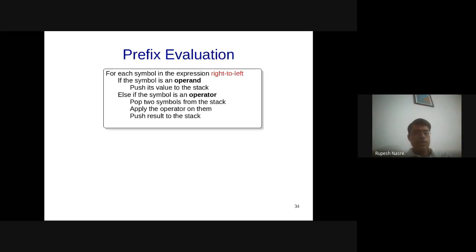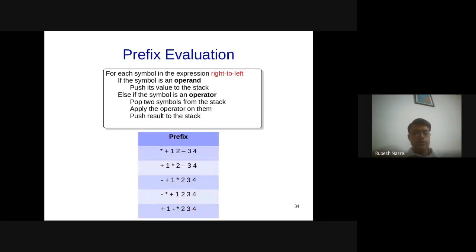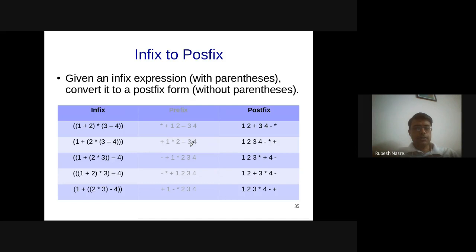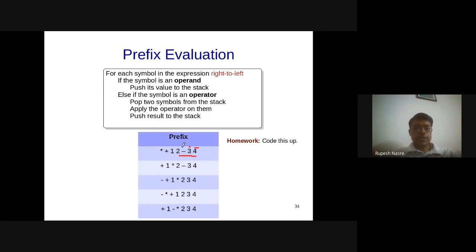But otherwise this works. So for example, if I have all these different prefix expressions, we go from right to left. As 4 comes, we push 4, then we push 3. Then as minus comes, what do we evaluate? 3 minus 4 or 4 minus 3?